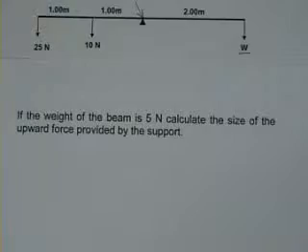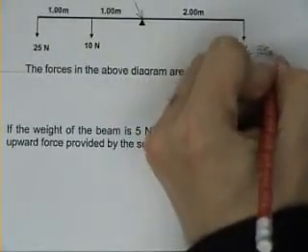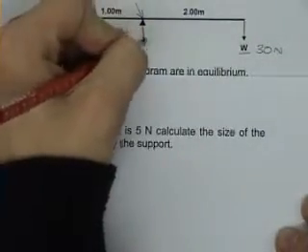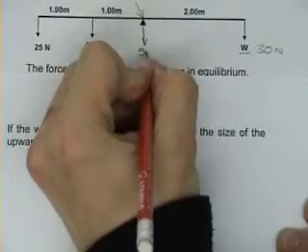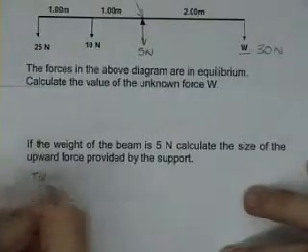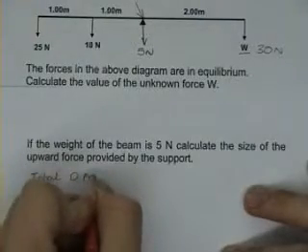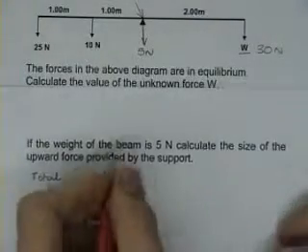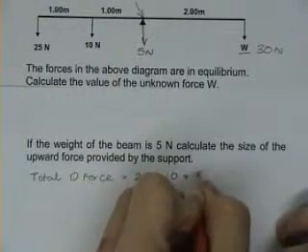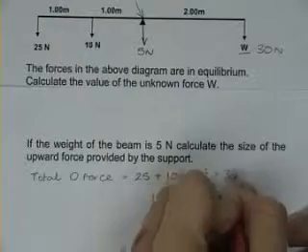Okay. Right, so have I got this one now? We know that the weight equals 30 newtons, and we also know that the weight of the beam equals 5 newtons. The total downwards force would equal 25 plus 10 plus 5 plus 30.